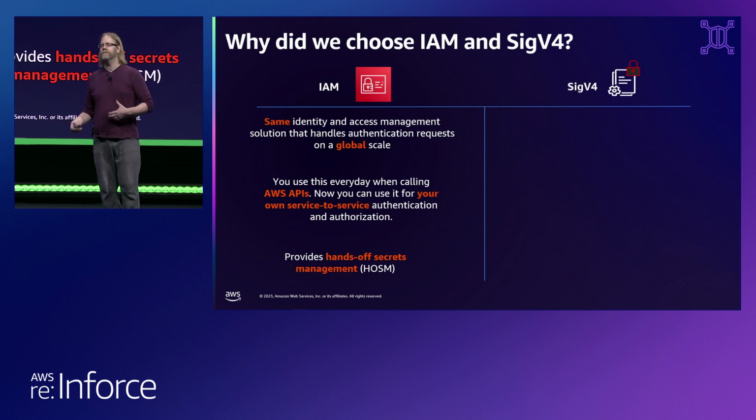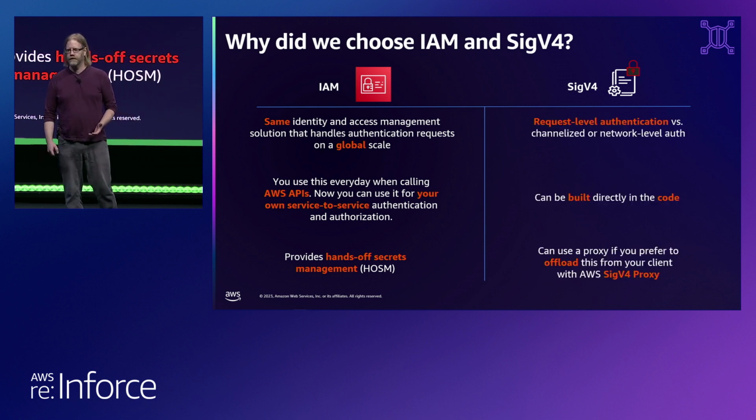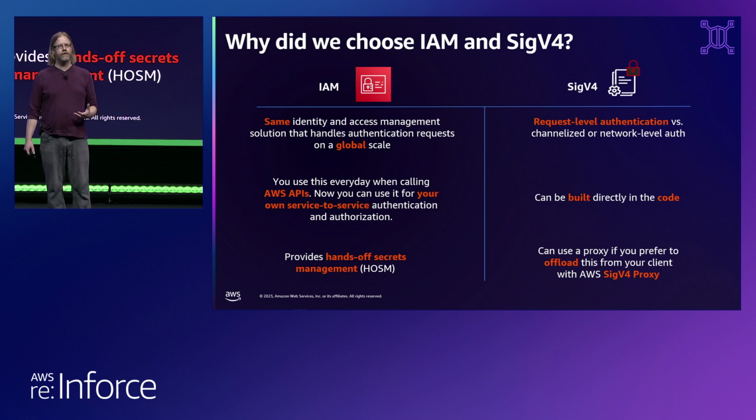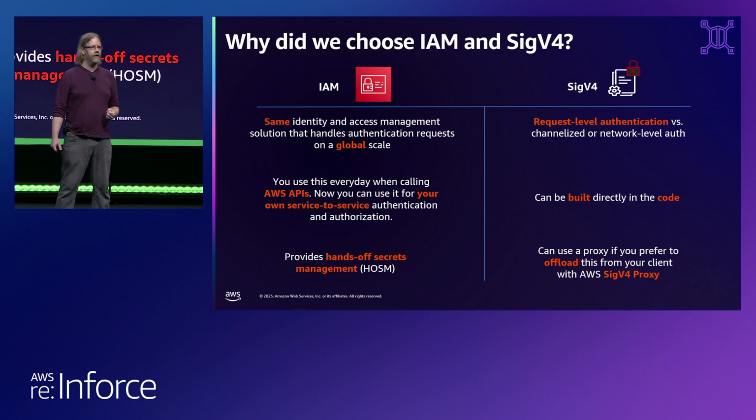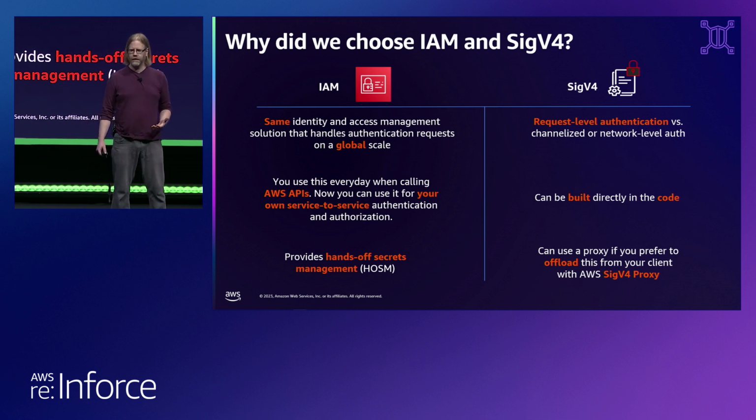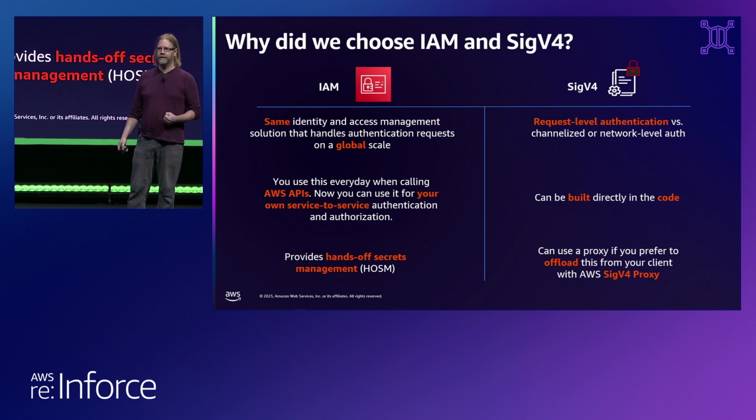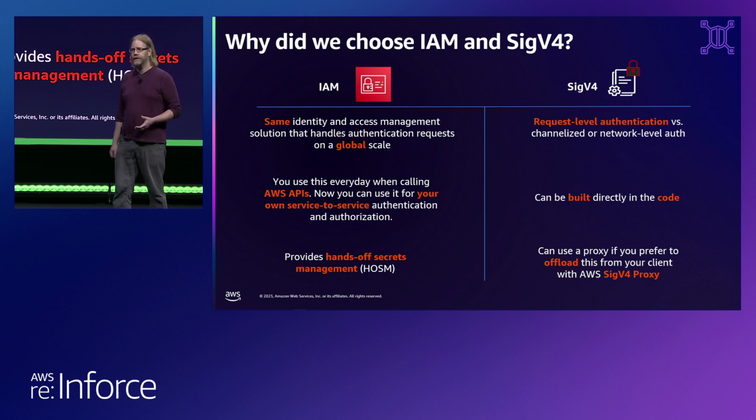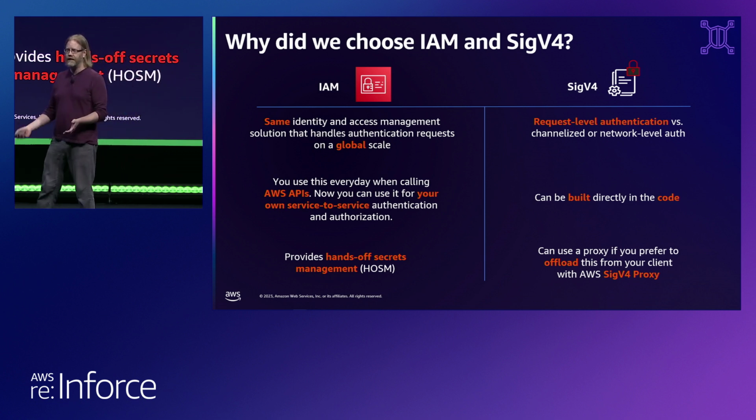This is basically setting a policy and letting that policy run. SigV4 is request-level authentication. So you can think of it as every single time someone makes a request of your application, it authenticates that every single time, as opposed to authenticating once and allowing a bunch through. This could also be built directly into your code, so you can take advantage of this.